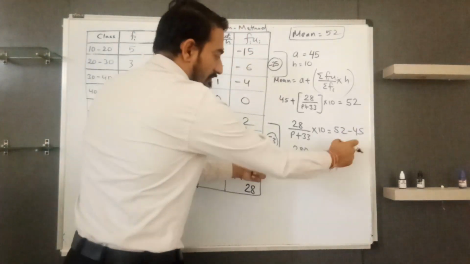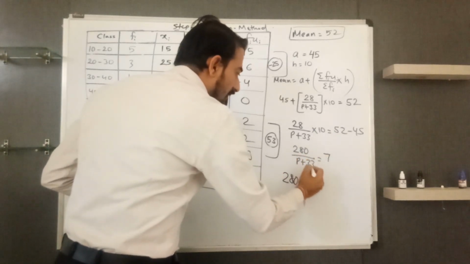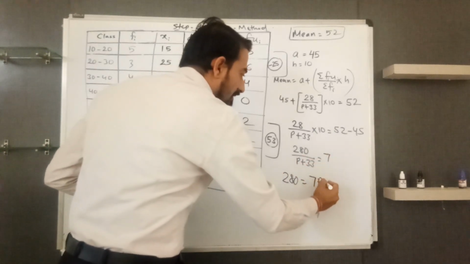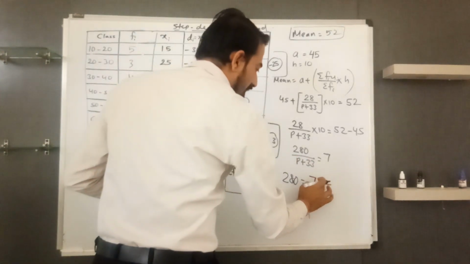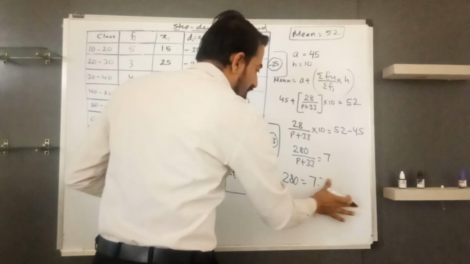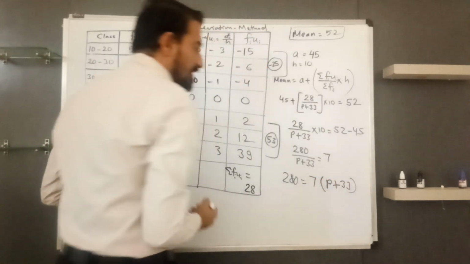Then what next step? Cross multiplication. So 280 is equal to 7 times p plus 33. Just try to understand.